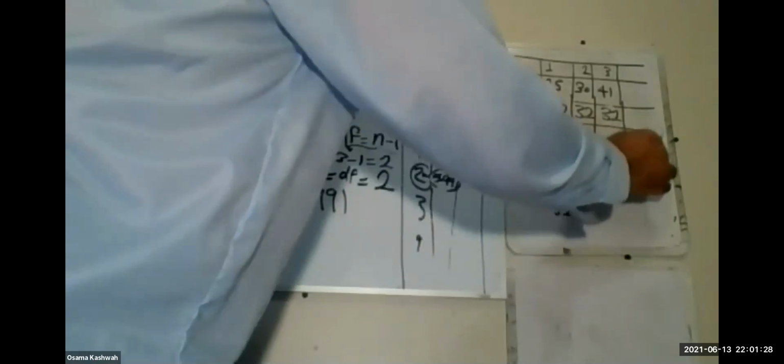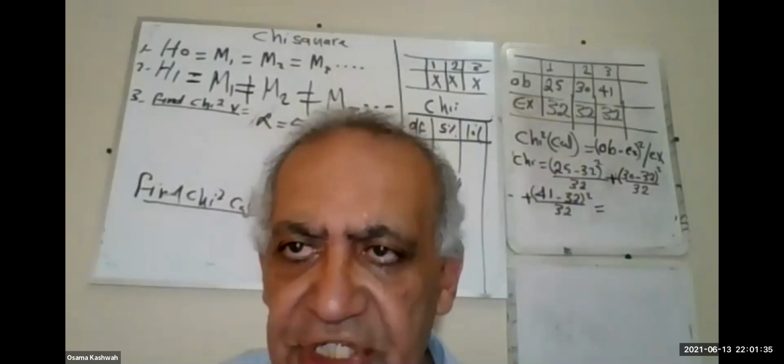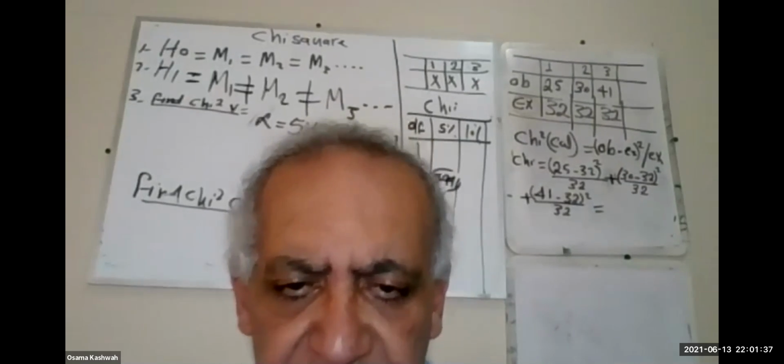The third shift will be 41 minus 32, all squared, divided by 32. So observed minus expected, all squared, divided by the expected. This will give me the amount of calculated. We'll check how much it is: 4.187.